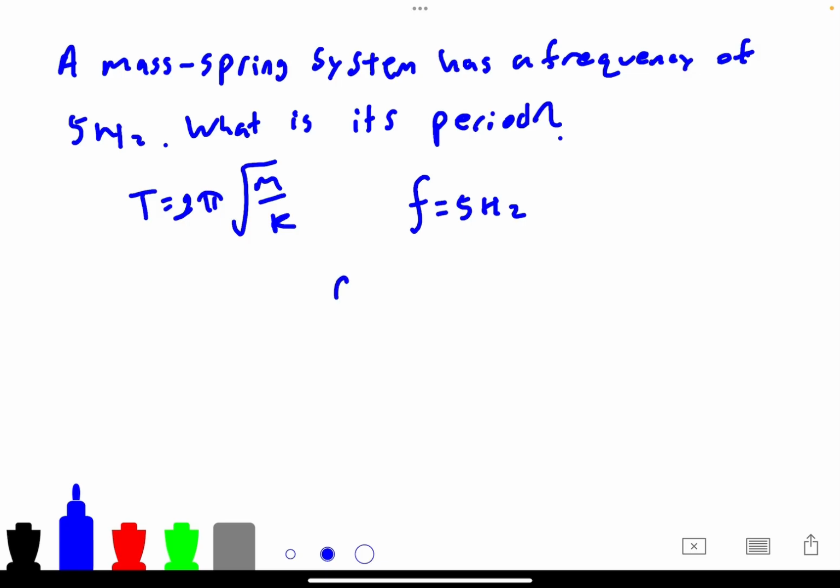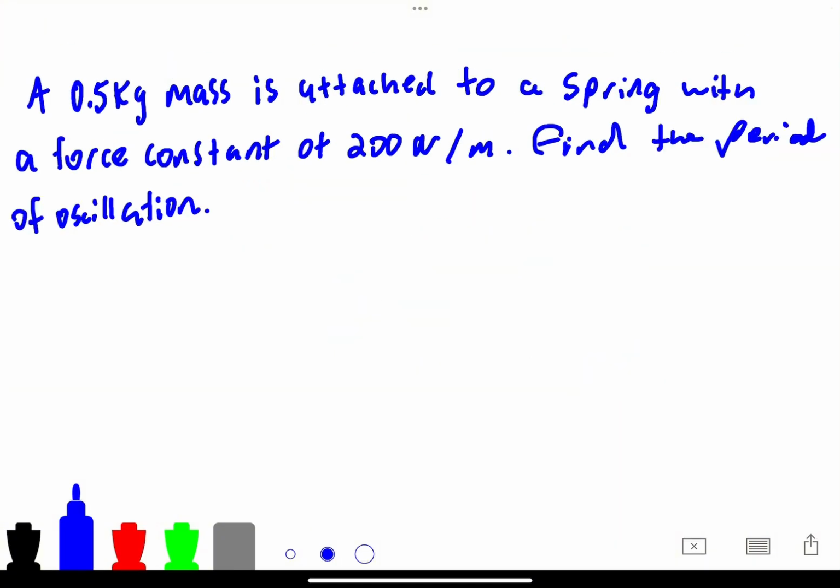The period would be 1 over the frequency. So 1 over 5 is 0.2 seconds. So that is the units for the period.